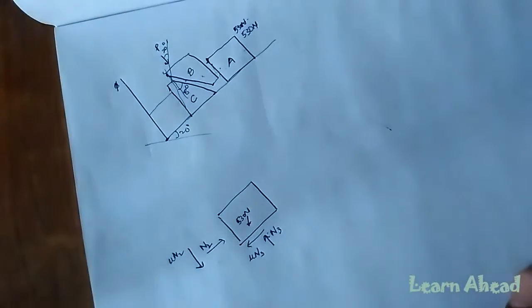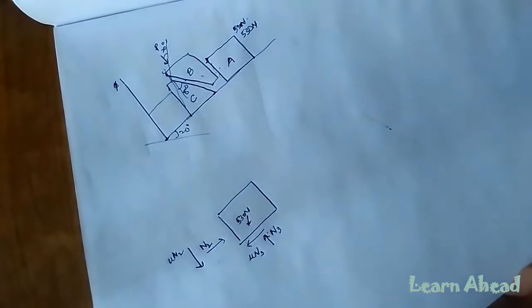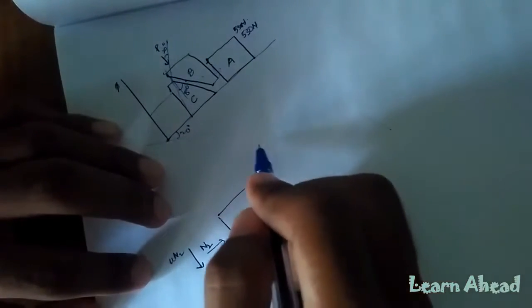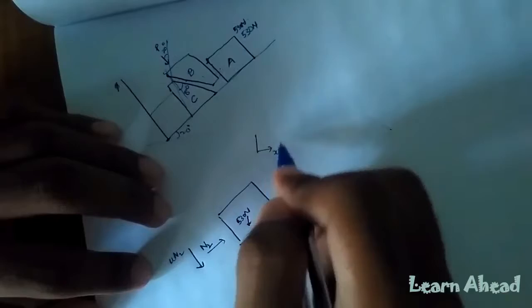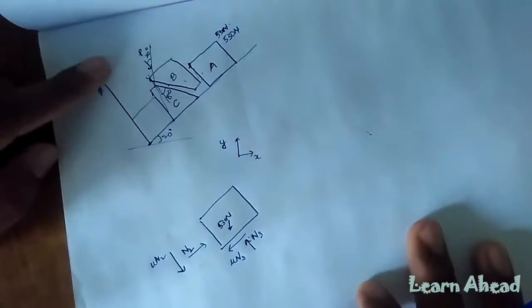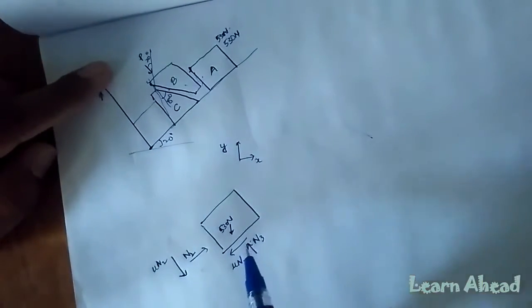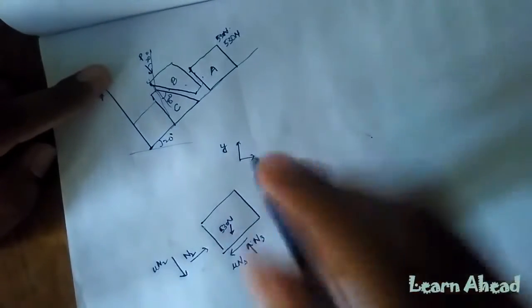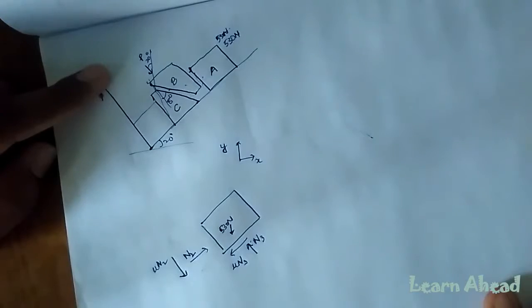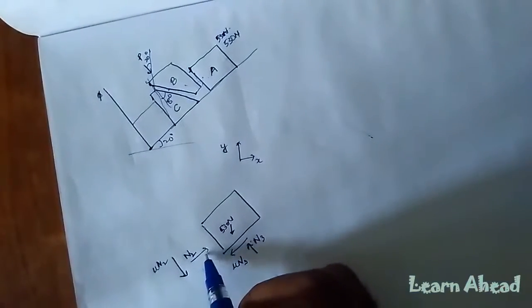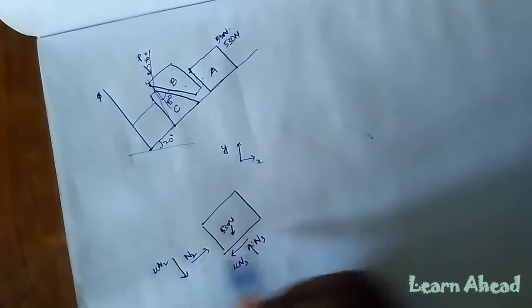So what we are going to do, just write two equations, sigma Fx equals 0 and sigma Fy equals 0. In doing this, we are taking our coordinate system. Let's say I take the coordinate system as this. Okay, so now let me write the equations. Number one, there should be no net force along this direction. But here I observe that most of the forces are acting at an angle of 20 degrees.